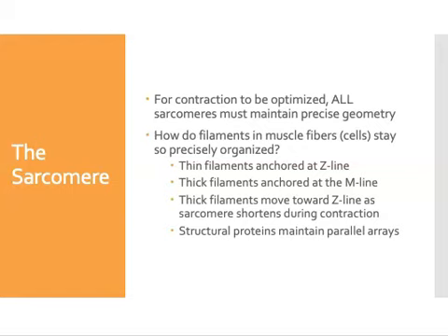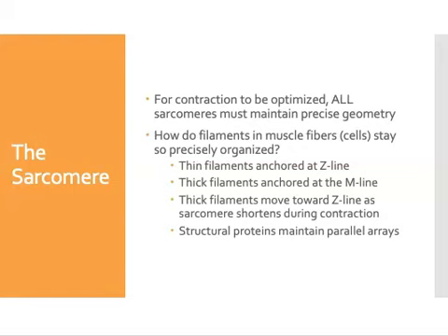Now, we've said that the sarcomere is the fundamental unit of contraction in skeletal muscle. We've said that the way the sarcomere performs its function is by having the thick filaments made out of myosin bind to and pull on the thin filaments, sliding them past each other in order to shorten the sarcomere.